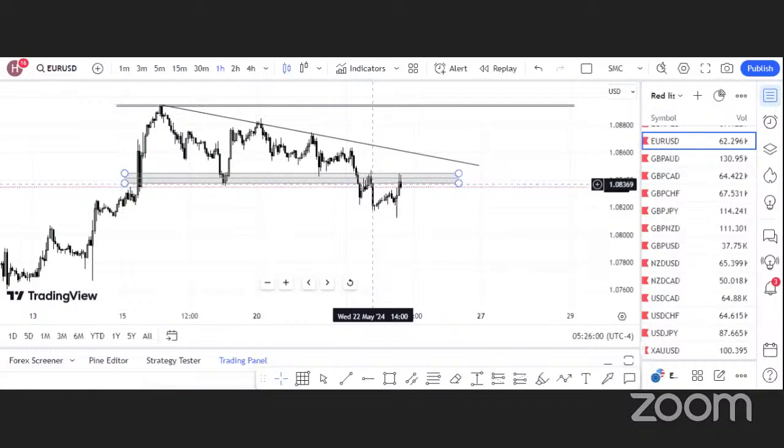The momentum of the selling pressure is still very strong, and they were able to push through the level where we have buyers. Okay, on the support zone we have buyers. That is the reason why anytime the market gets into a support zone, the market is able to push up, because there are buyers waiting for the market to sell to that level for them to buy.